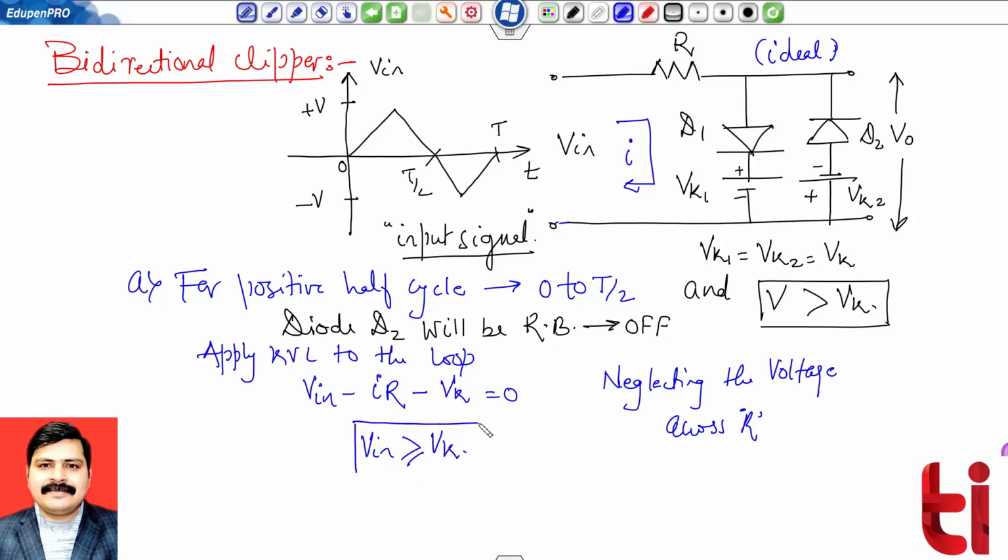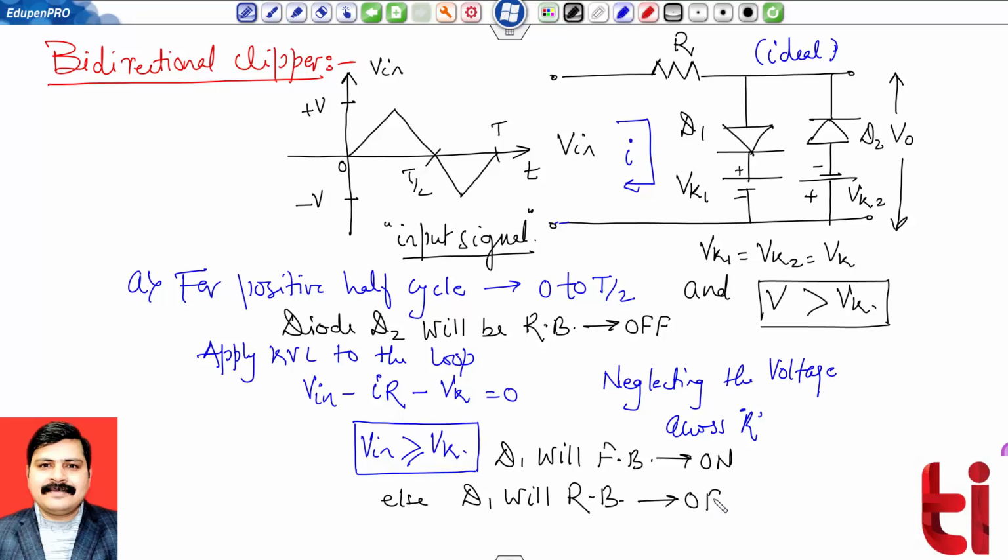So if Vin is greater than or equal to Vk, diode D1 will be forward biased, and as it is forward biased, it will be on. Else D1 will be reverse biased, and it will be off.